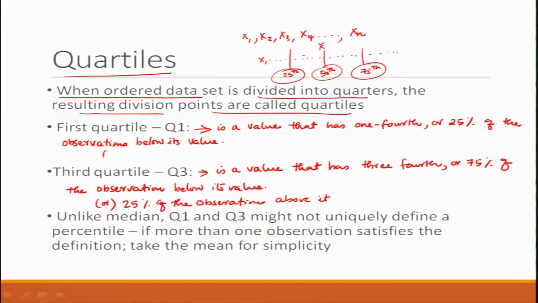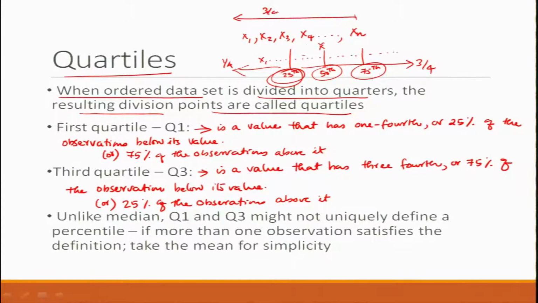So when you think about the 25th percentile, this side of it will contain 1/4 of the data and this will be 3/4 of the data. If you think about the 75th percentile, this will be 3/4 of the data and this will be 1/4 of the data.